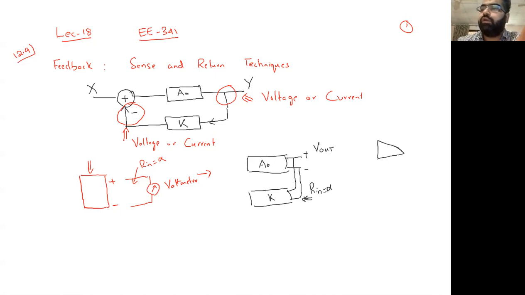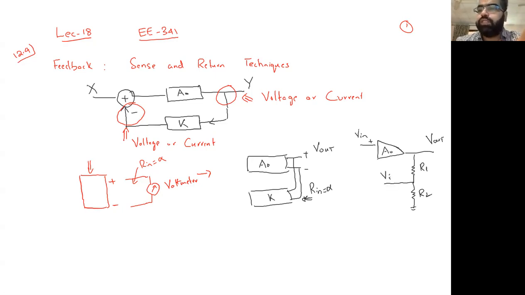We can have A0, we have V in, coming in at the positive terminal, and we have V out. If we have V out coming here, we can have some feedback, which you just saw: R1, R2, and this is the feedback voltage, which we call VF.